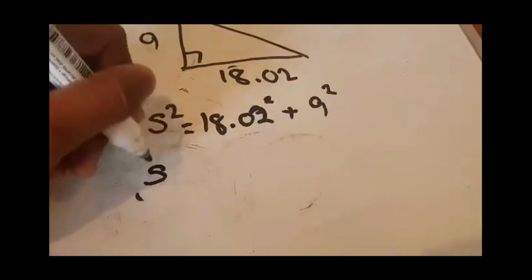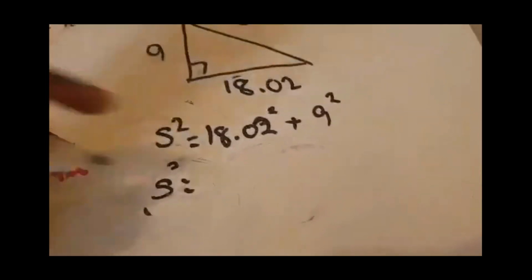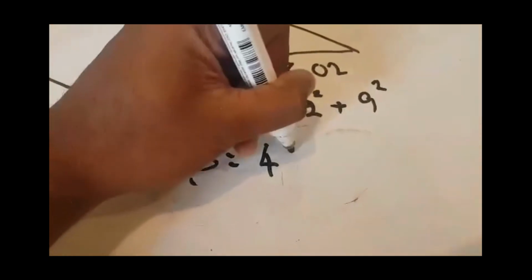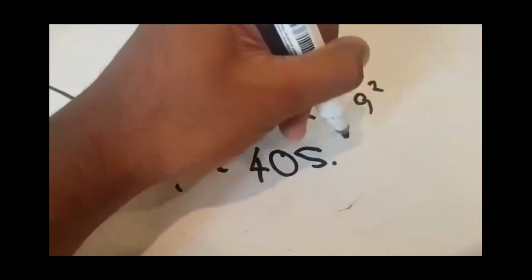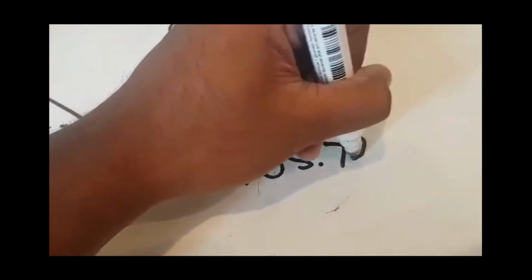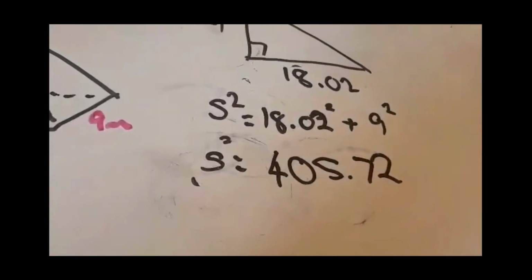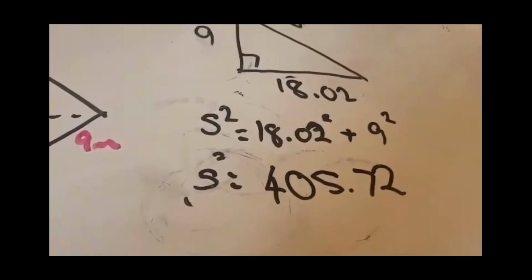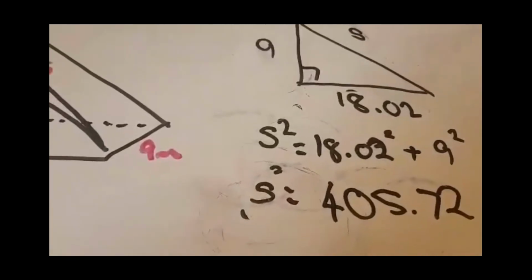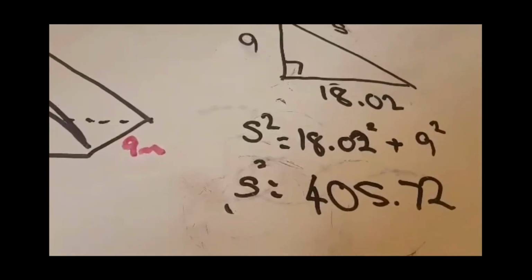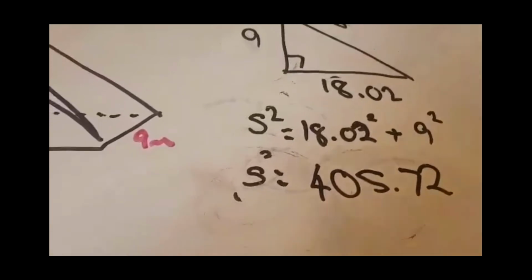So s squared equals 405.72. And then what we're going to do is we're going to square root that number. So we square root 405.72, and that equals 20.